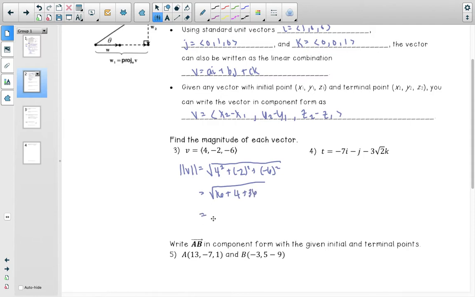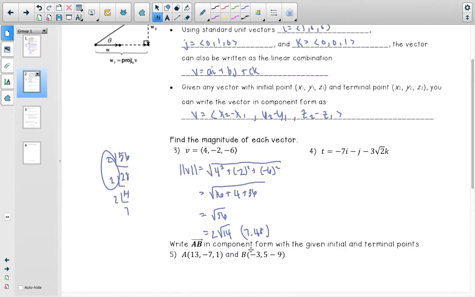If you add that all together, you get the square root of 56, and I'm going to simplify that. 56 divided by 2 is 28, then divide that by 2 and you get 14, and divide that by 2 and you get 7, which is prime. So that goes to the outside, and the 14 stays on the inside. You could get the decimal answer too, which is about 7.48, if you really wanted to know it.